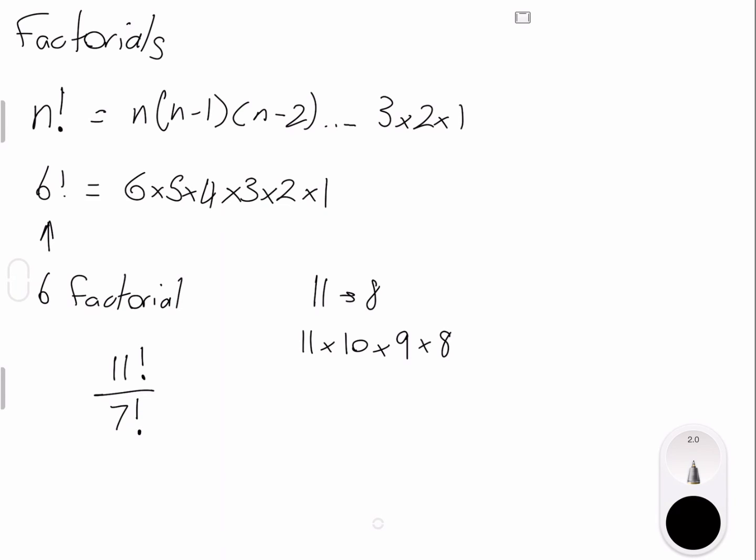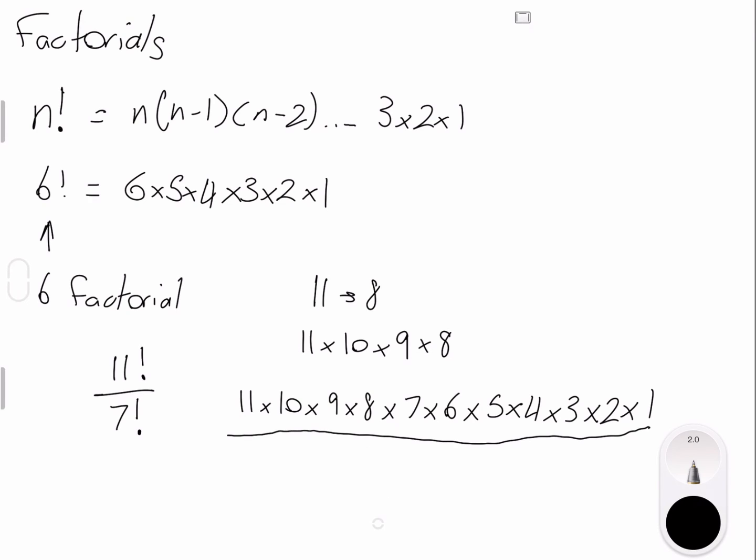Well, 7 is the next number in this sequence. Let's expand these out and see what they look like in terms of the division. So we're going to have 11 times 10. Alright, so this here is just equal to that.